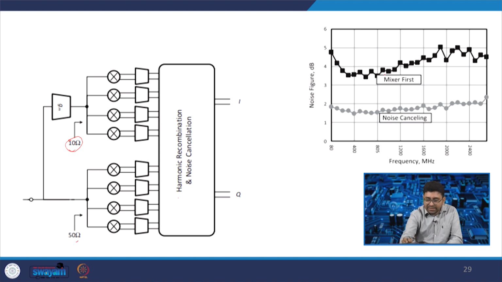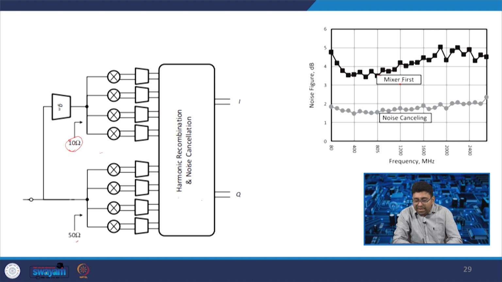Now, this is the noise figure of only this mixer first architecture, but if we use this auxiliary combination and cancel out the noise, at the output we can get the noise figure of this complete receiver less than 2 dB, and it is measured up to 2.4 gigahertz.